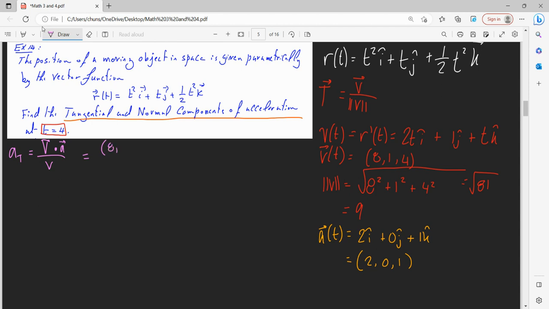So we have 8, 1, and 4. Take it with a dot product of 2, 0, 1. And then that's over our speed, which we found to be 9. So that is equal to 8 times 2, 16, plus 0, plus 4 over 9. And this is going to be equal to 20 over 9.